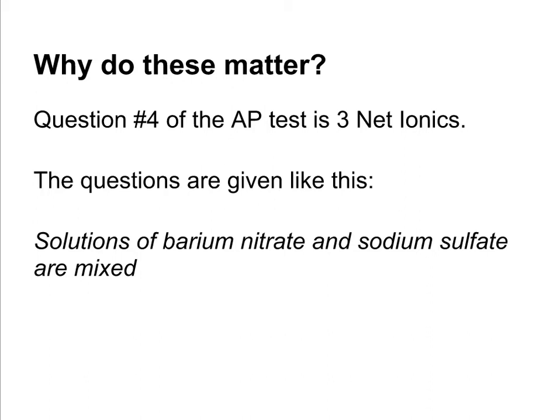And there's also a follow-up question that goes with it. It might be to identify what the precipitate was in this reaction. There are 3 questions, and each one's worth 5 points. So if you are good at net ionics, this is a money question on the AP test.